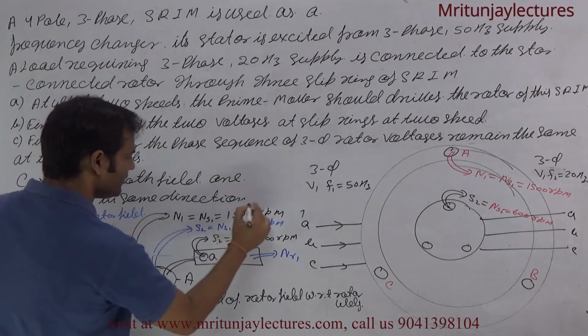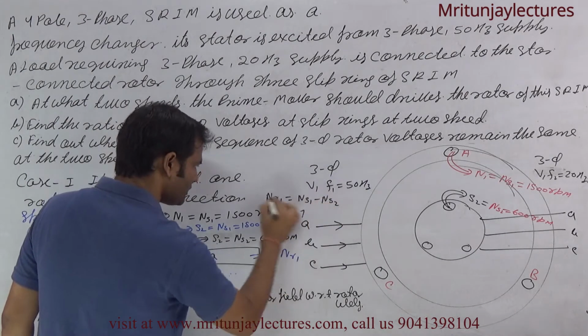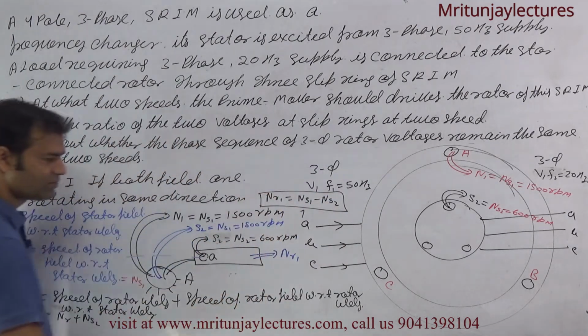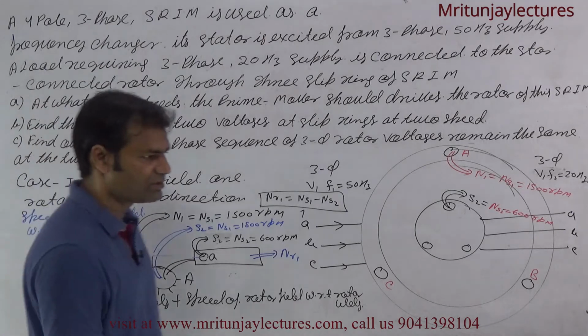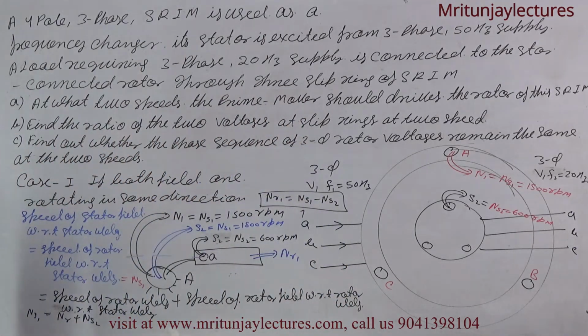So NR1 is equal to NS1 minus NS2. From basic concept you can also determine NR, this is equal to NS1 minus NS2. Clear? How much? That is 900 RPM. Clear?